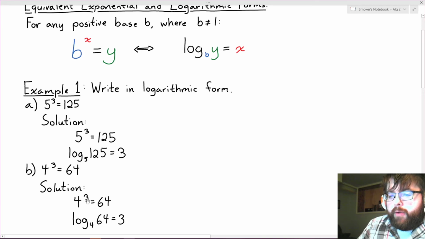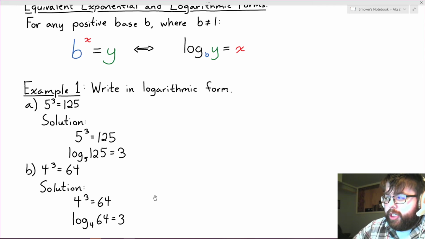Before logarithms came along, powers were hard to solve for. If I gave you the problem 4 to the x is equal to 64, really the only way to solve that was to ask, 4 to what power is 64? You go through it: 4 to the second is 16, 4 to the fourth is 256, and you just have to figure it out.